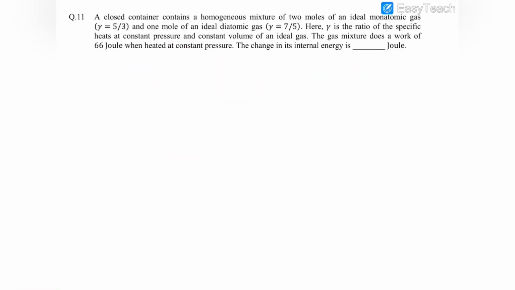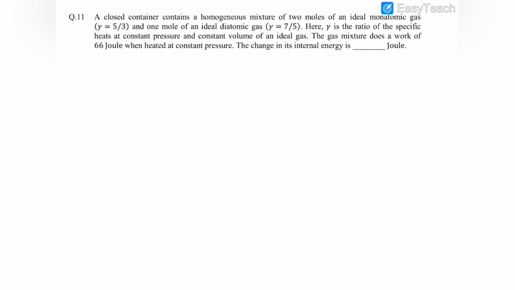In this question, you can see that there is a closed container which contains a homogeneous mixture of 2 moles of an ideal monatomic gas and 1 mole of an ideal diatomic gas, where gamma is the ratio of their specific heats. Now, the gas mixture does a work of 66 joule when it is heated at constant pressure.